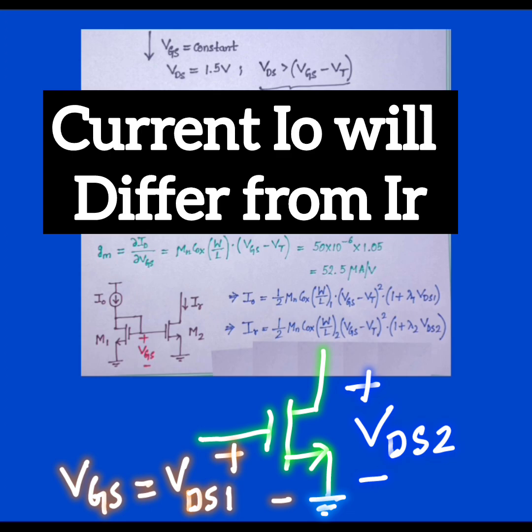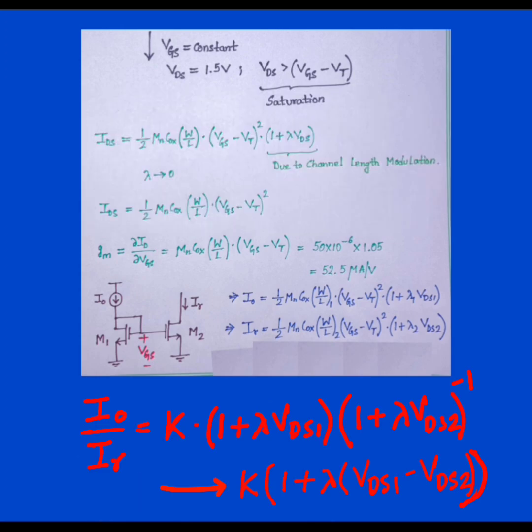Now if you divide this IO equation with the IR equation, you will see that there is a term 1 plus lambda 2 VDS2 in the denominator. If you do the binomial expansion, you will get in the numerator 1 plus lambda 1 VDS1 whole multiplied by 1 minus lambda 2 VDS2.